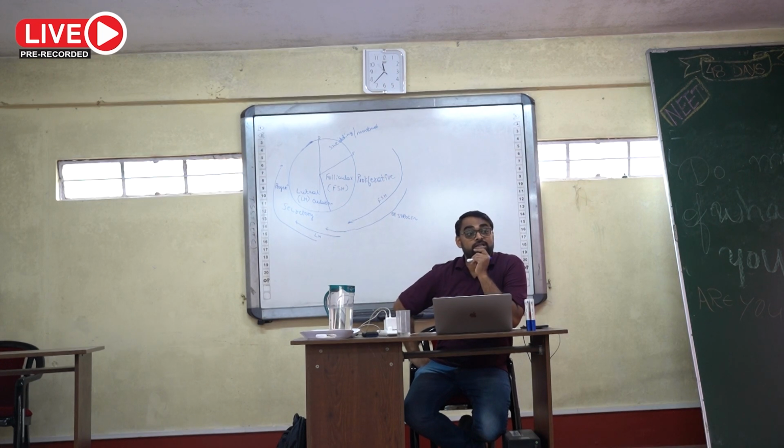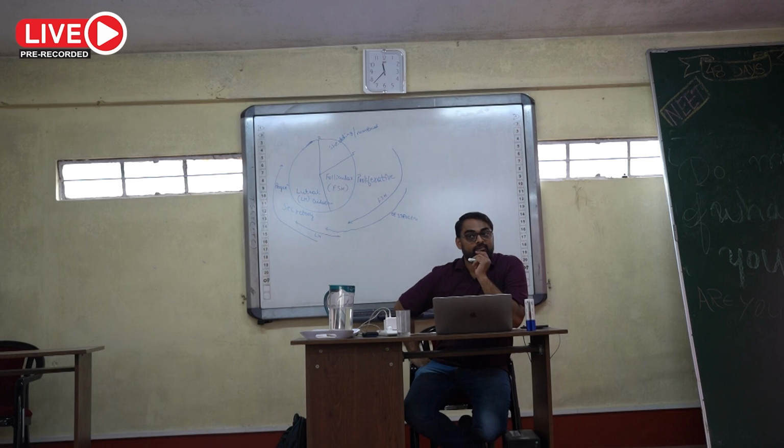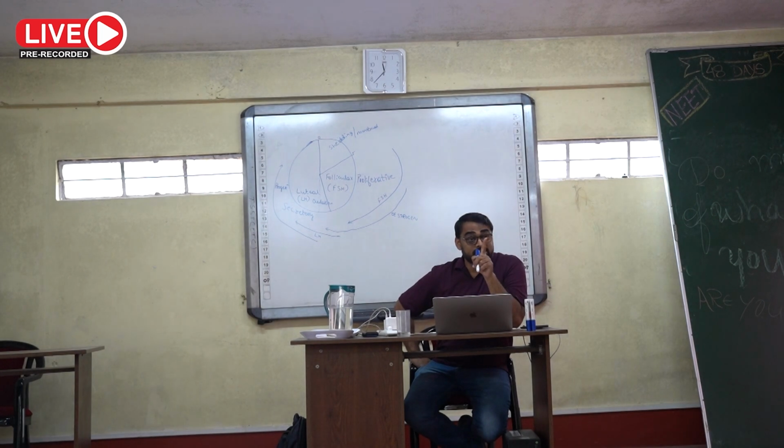Tukaram Omble. Who is that? He is the constable who captured Kasab in the Mumbai attack. The only survivor among the terrorists was this fellow, Ajmal Kasab.